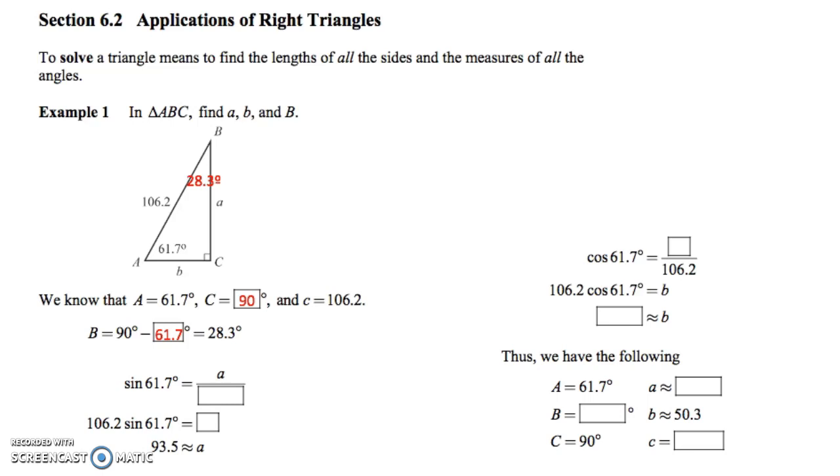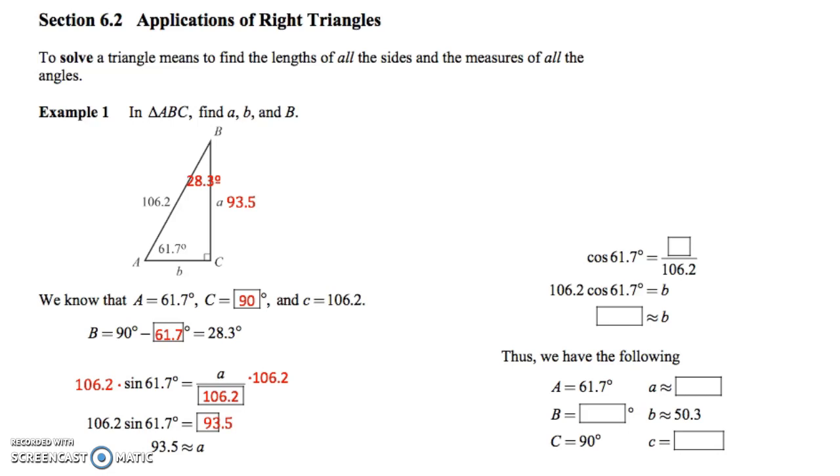We can then find side A by using our sine function, and we know that sine is opposite over hypotenuse. Solving for A, we need to multiply both sides by 106.2, and plugging that into our calculator, we obtain that side A is approximately 93.5.